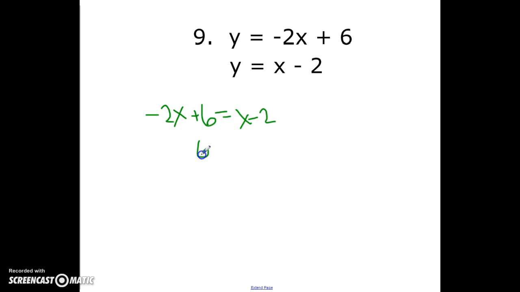I'm going to add 2x to each side. Add 2 to both sides. Divide both sides by 3.